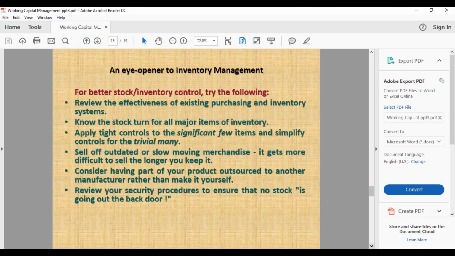Otherwise, if it is not sold for a long time, it will go past its expiry date, and then no one will buy it, and there will be completely lost inventory. It is a complete loss for the company, because they will not be able to move it at all, and it will be expired, and there will be total loss. That's why they try to sell the outdated stuff or slow moving merchandise fast. That's why they give discounts, higher discounts and even clearance.